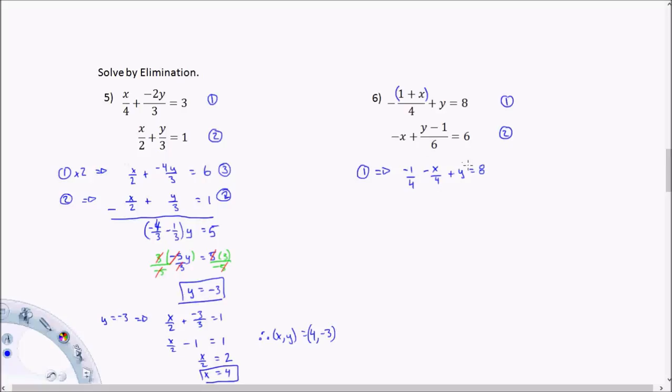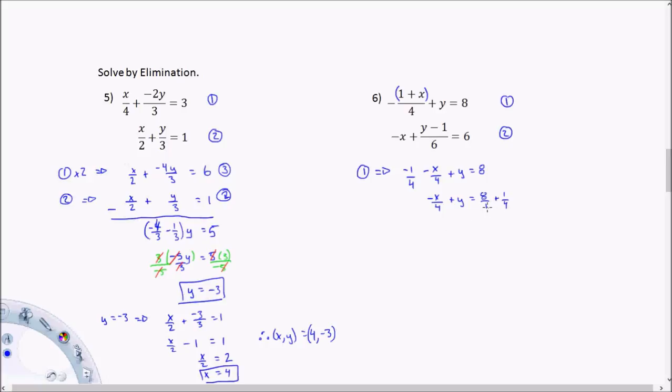So let's bring this negative a quarter to the other side by adding a quarter to both sides. If we add a quarter to the left side, it just gets eliminated over here. And if we add a quarter to this side, we end up with 8, which is the same as 8 over 1, plus 1 quarter.